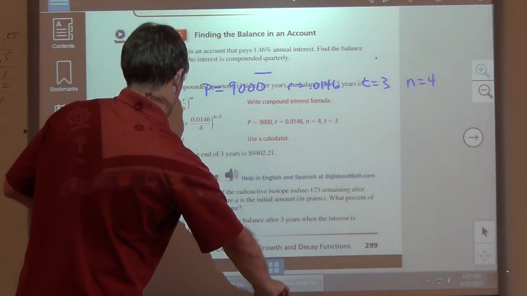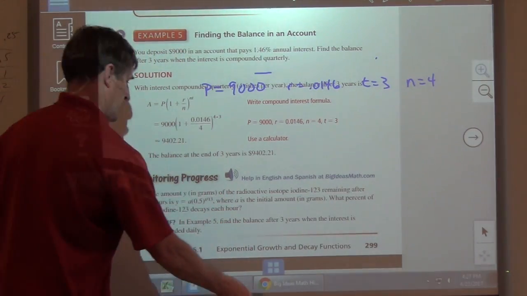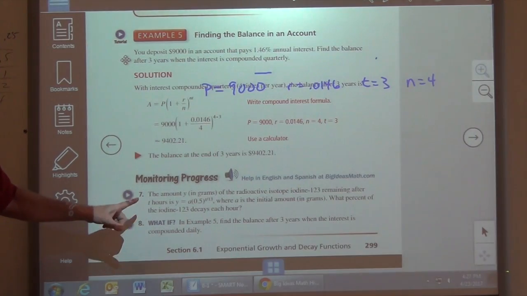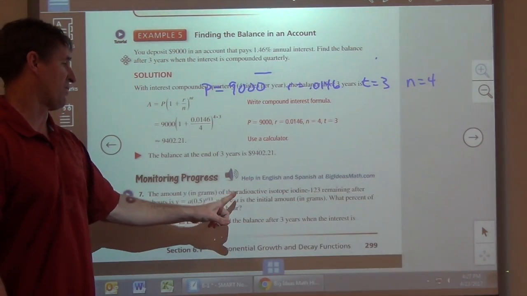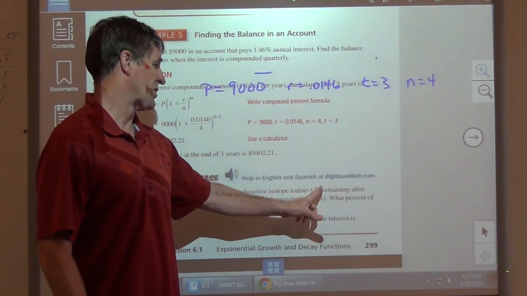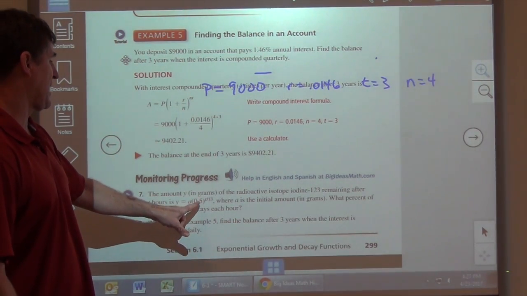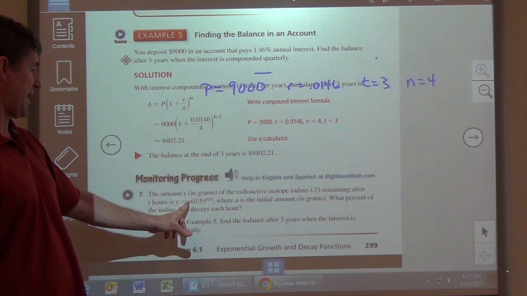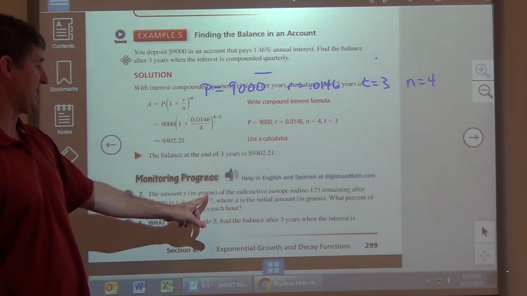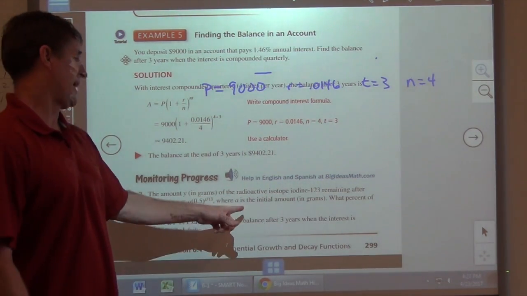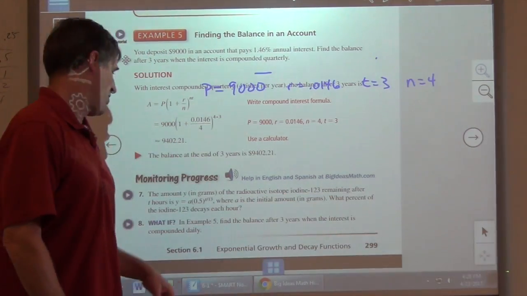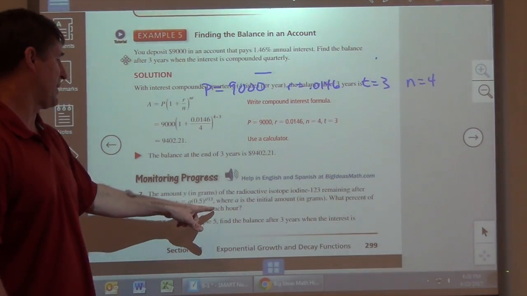So now if we look at the monitoring progress, it says the amount y in grams of radioactive isotope iodine-123 remaining after t hours is given by the formula y equals A times 0.5 to the t divided by 13, where A is the initial amount in grams. What percent of the iodine-123 decays each hour?